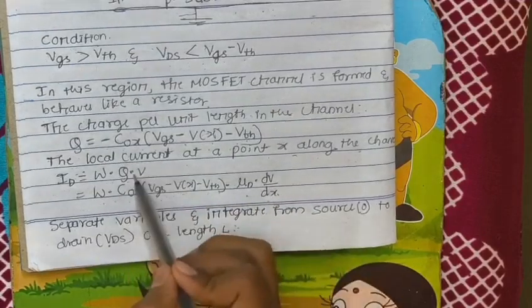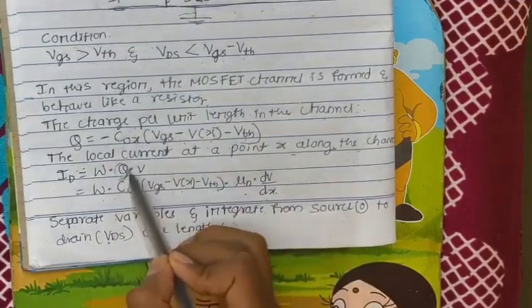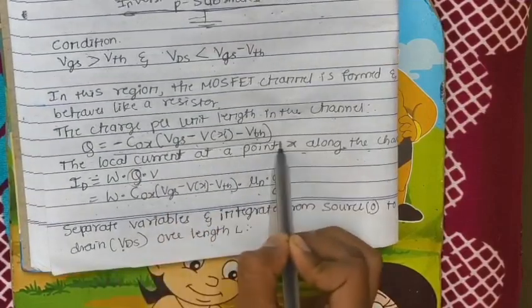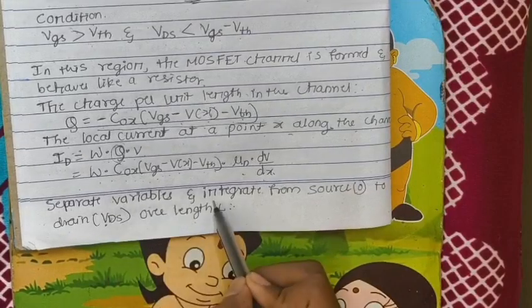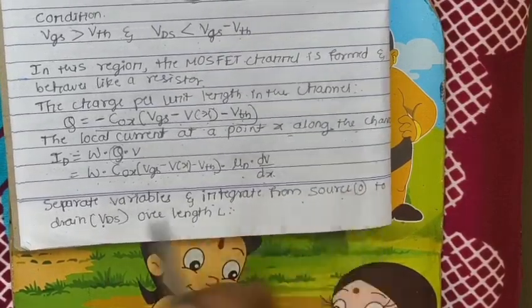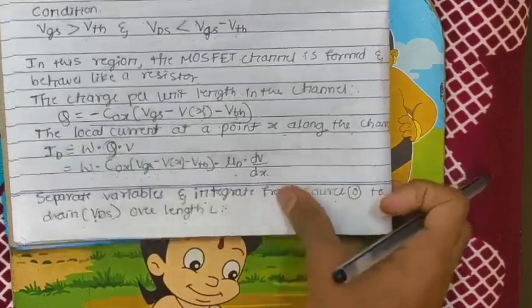Here Q is substituted by this COX. Next, separate the variables and integrate from source to drain over length L.